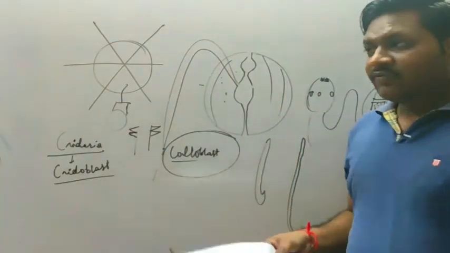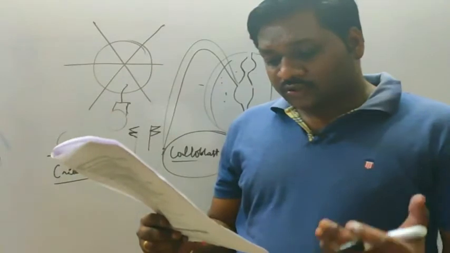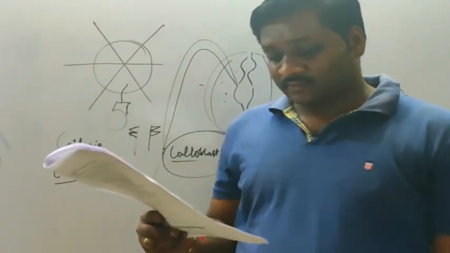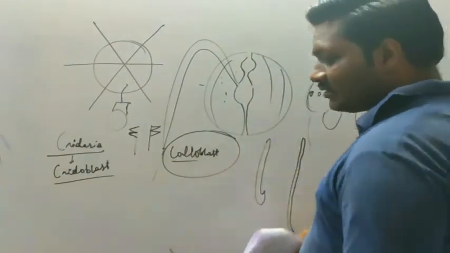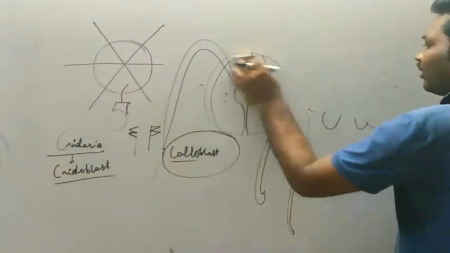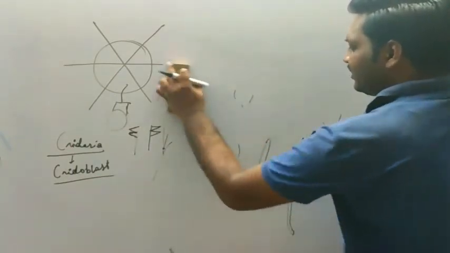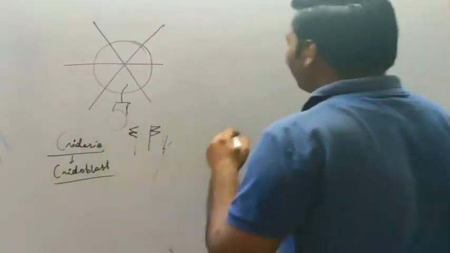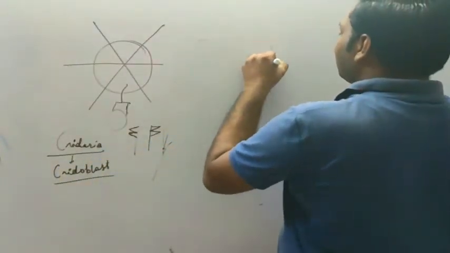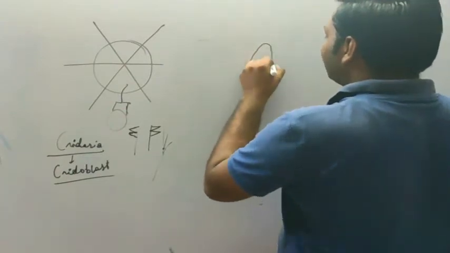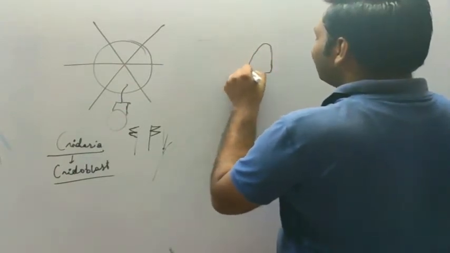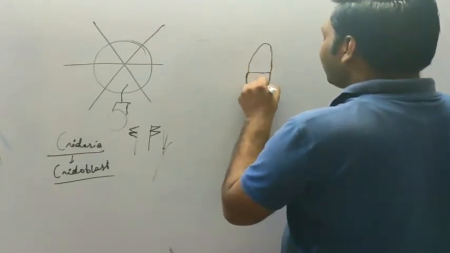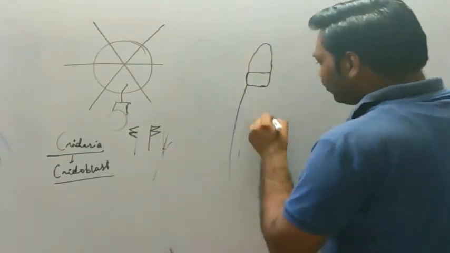Now next, question number 172. The anterior most part of the body of Balanoglossus is, okay, so the anterior part in the case of Balanoglossus has a triangular head. Structurally, Balanoglossus has a worm-like body and a triangular head, which has a division called the collar, and the worm-like body over here.